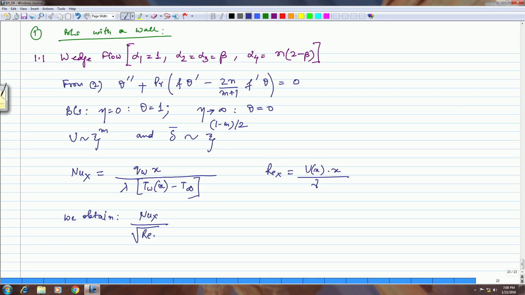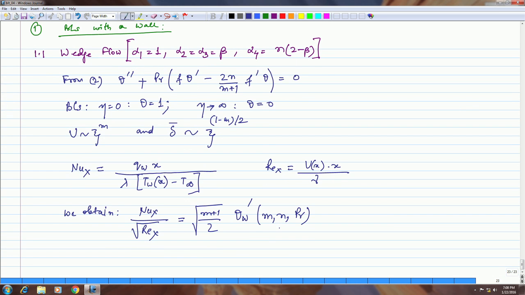Therefore, from this consideration, we obtain, by under root Rex, is equal to m plus 1 by 2 this.